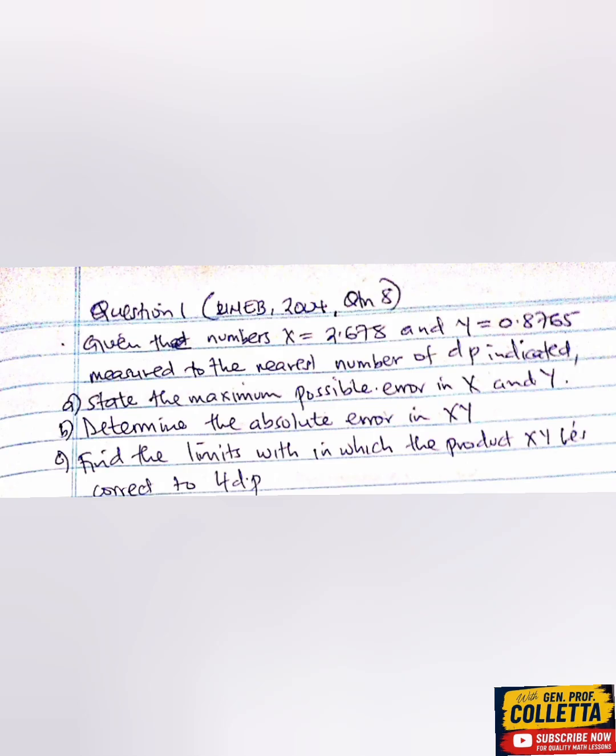Part B: determine the absolute error in xy. Then find the limits in which the product xy lies. Please pause and write down the question so that when the video goes on, you check the answers. Yes, I believe you are done copying.